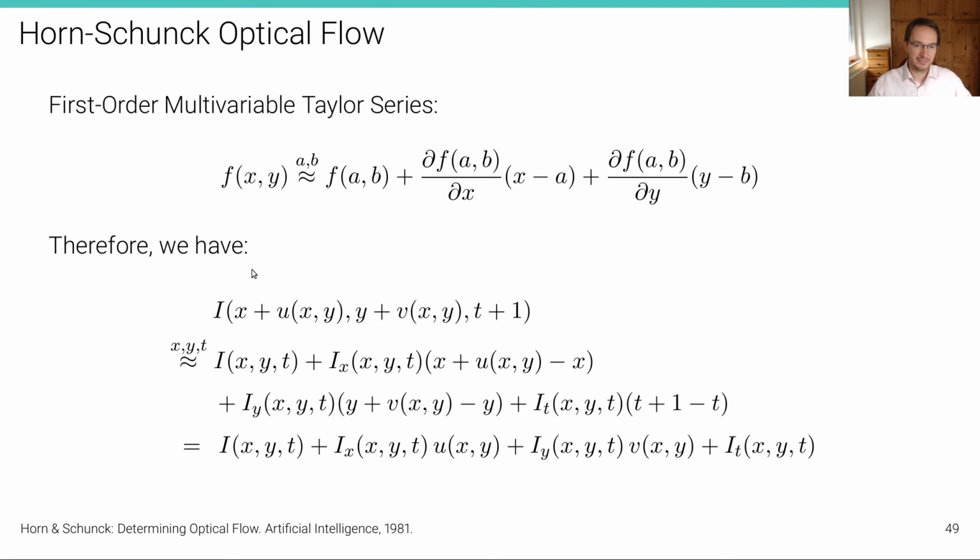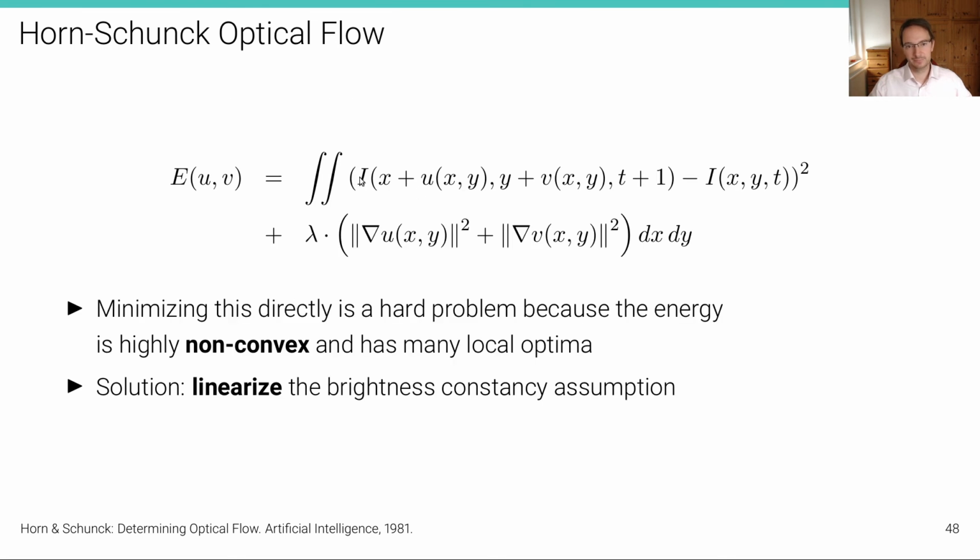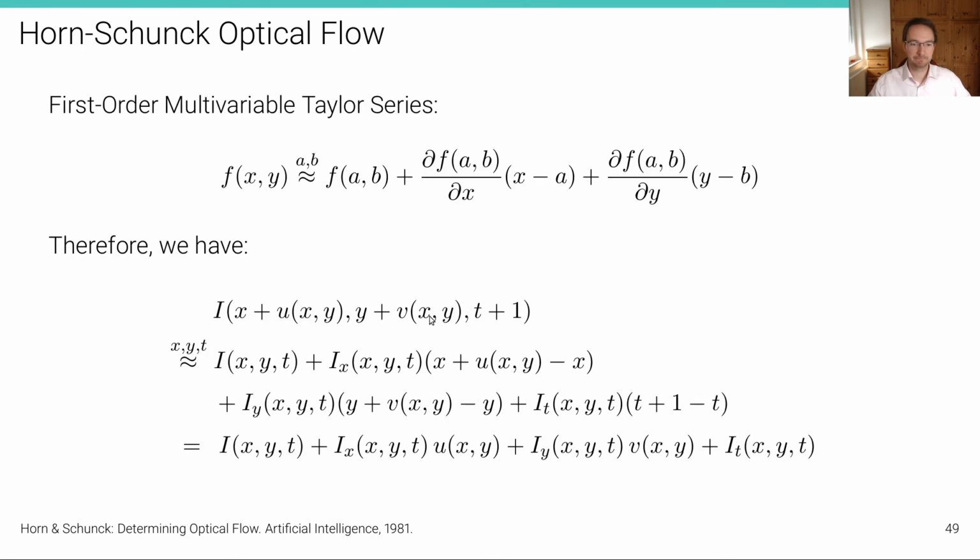Now, if we apply this to this term of the brightness constancy assumption, then we obtain the following. In this case we want to linearize around x, y, and t, the current estimate. So we have I of x, y, and t, and then we have this expression with respect to x times the argument x plus u minus x.